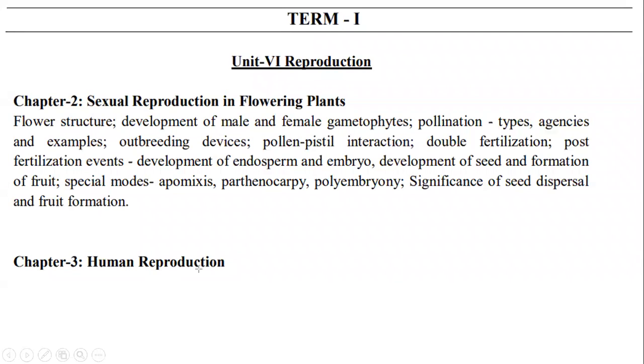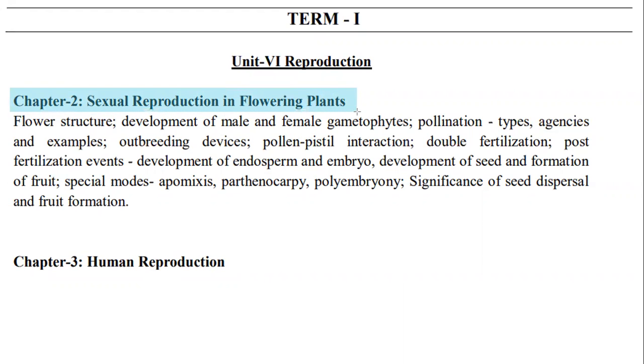So the very first chapter, reproduction in organisms, the most simple chapter, is completely removed from your syllabus. And after that comes chapter number 2, sexual reproduction in flowering plants.